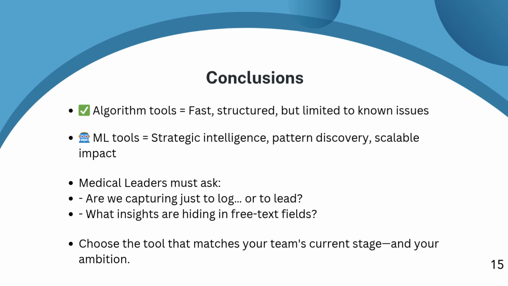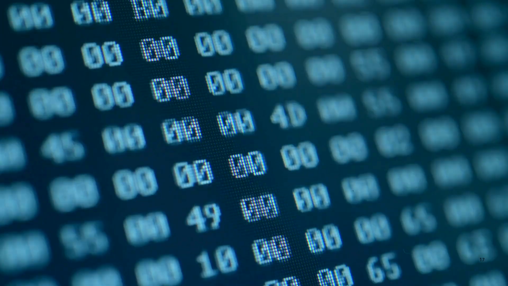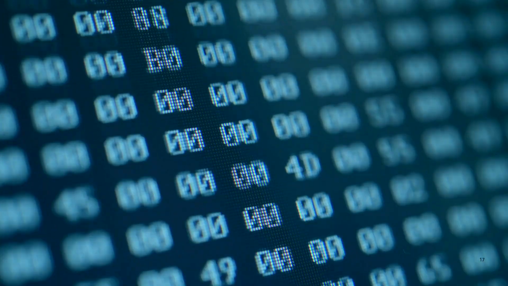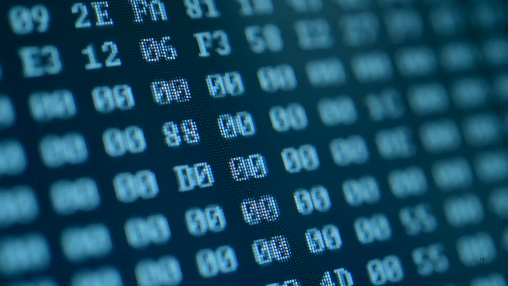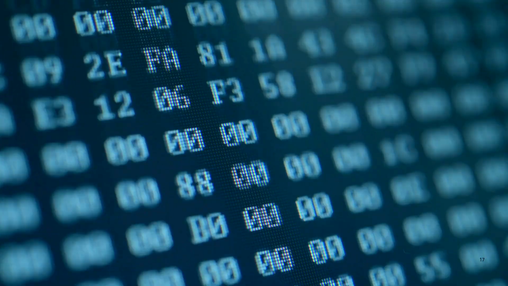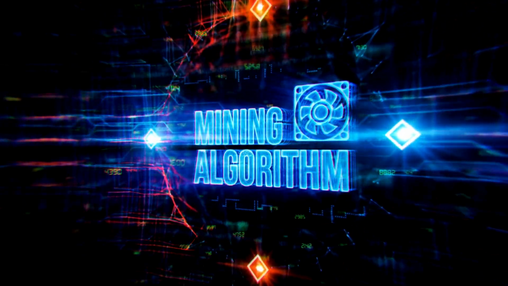The goal is to take what's already in the system, emails, CRM notes, Congress summaries, and extract the meaning that matters. Finally, if there's one message I want you, as a medical leader, to take from this, it's that the insights are already there. The difference is whether your system can see them. Machine learning gives medical affairs a real edge by helping us move from reactive insight reporting to proactive strategic intelligence.